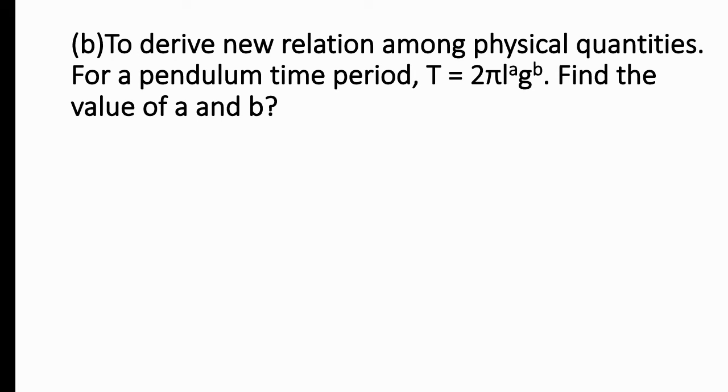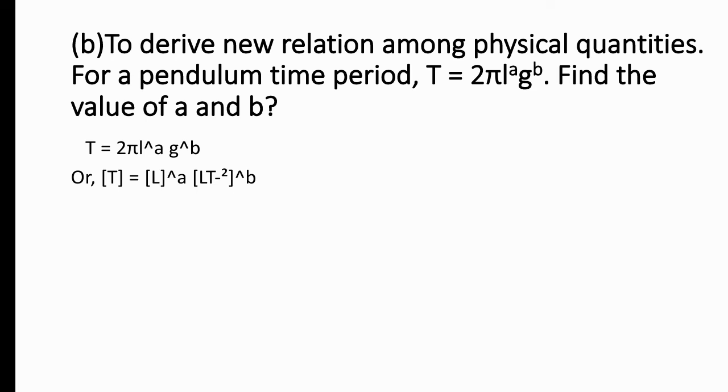Then in part B, to derive new relations among physical quantities. The problem: for a pendulum, time period T equals 2 pi L to the power a g to the power b. Find the values of a and b. Here T equals 2 pi L to the power a g to the power b, as shown in the problem.